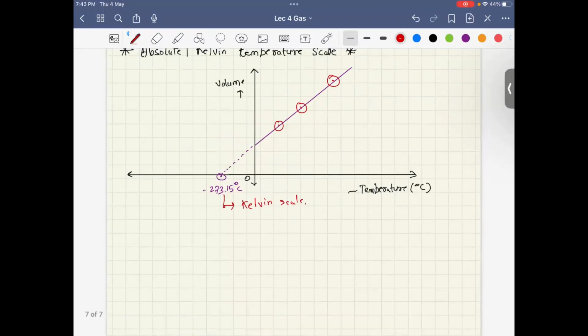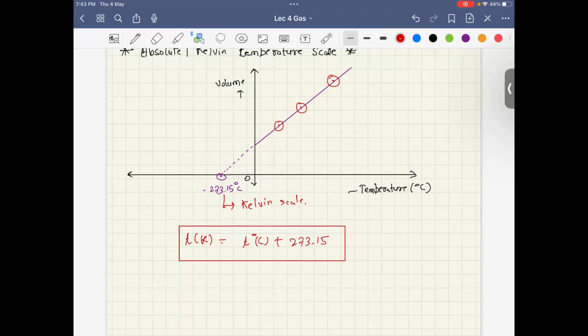The conversion is: temperature in Kelvin is equal to temperature in degree centigrade plus 273.15. This is called the thermodynamic scale of temperature. The Kelvin temperature scale is also called the thermodynamic temperature scale.